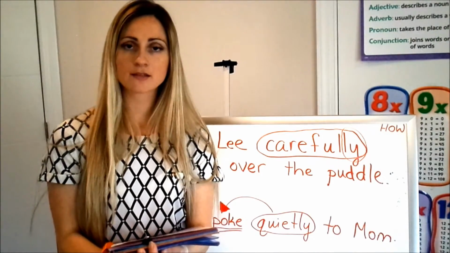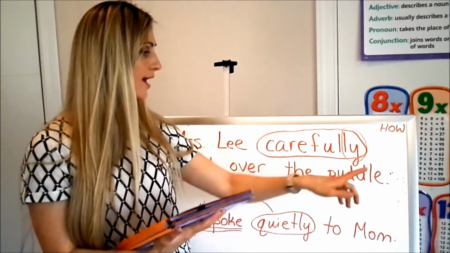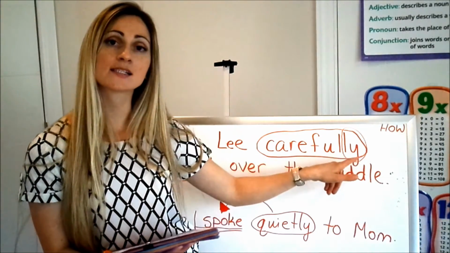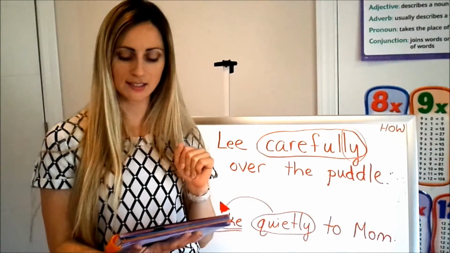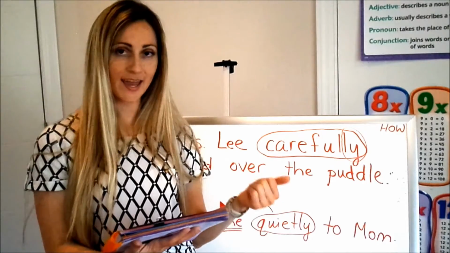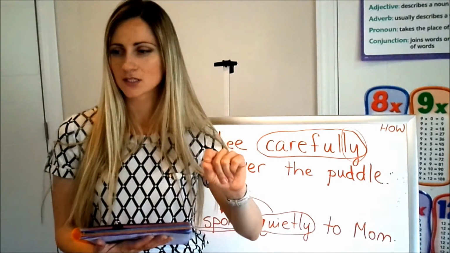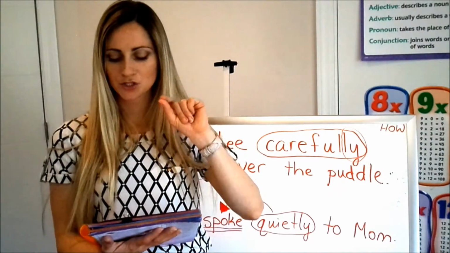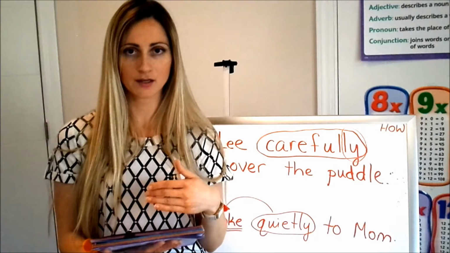All right. Look at the Look Closely box. This is what I was talking about. Many adverbs end in the suffix ly. A root word that ends in a y. Remember what we did with adjectives? You change the y to i and then add the suffix. Okay?